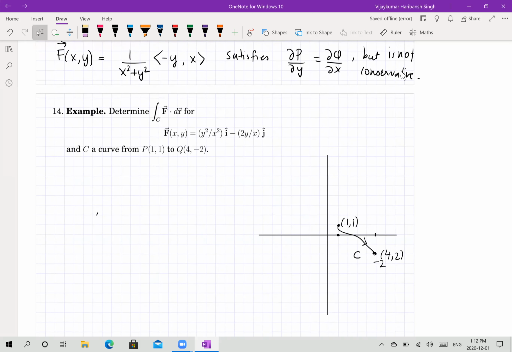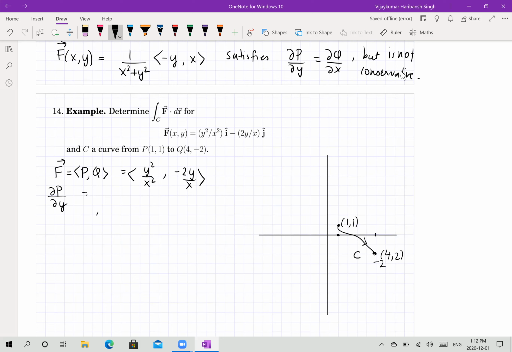Write the vector F as (P, Q), where P is y squared by x squared and Q is minus 2y by x.